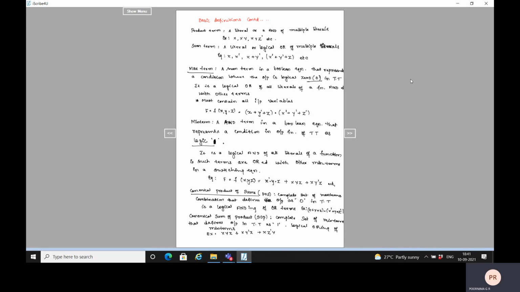The last definition that we have is the canonical form. What do we mean by canonical form? By definition, it is conforming to a rule.